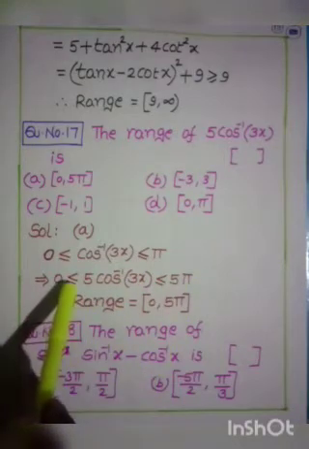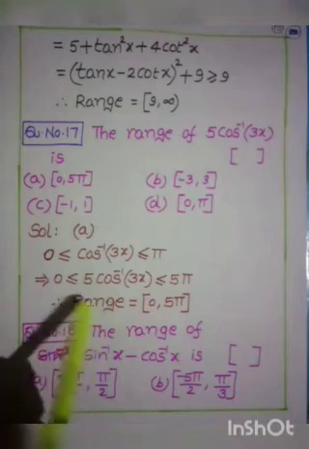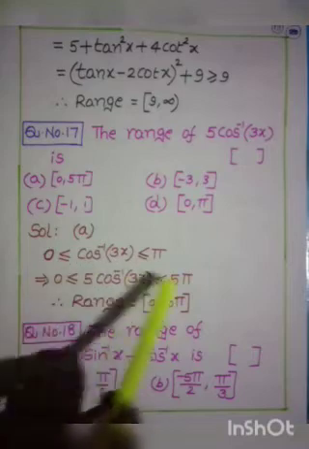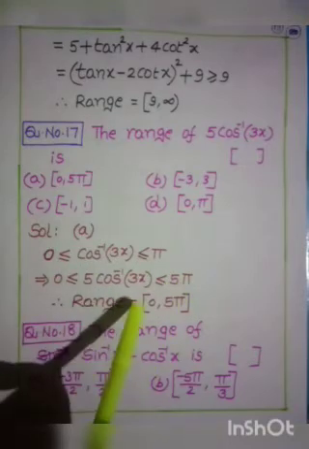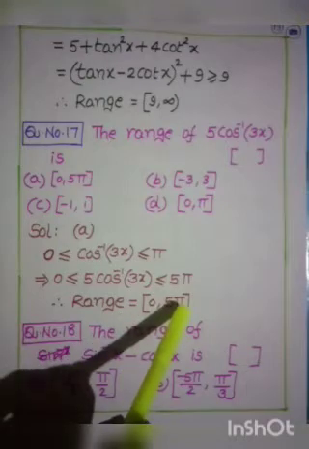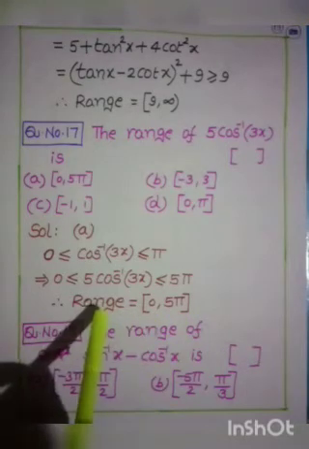Understood this step, my dear children? Right. So 5 cos inverse of 3x value is lying between 0 and 5 pi. So the range is equal to close interval 0 comma 5 pi. Understood the question, my dear children?